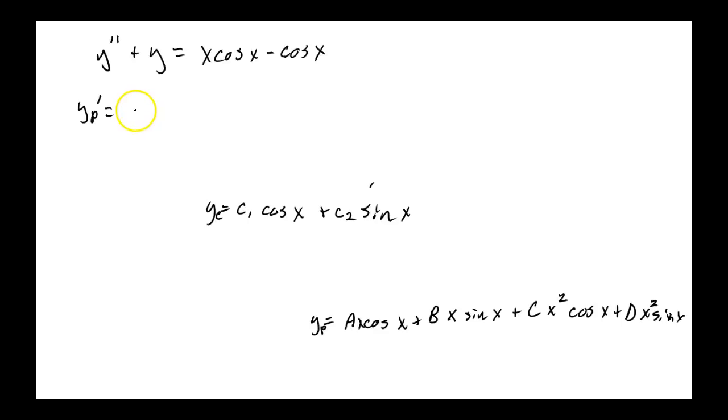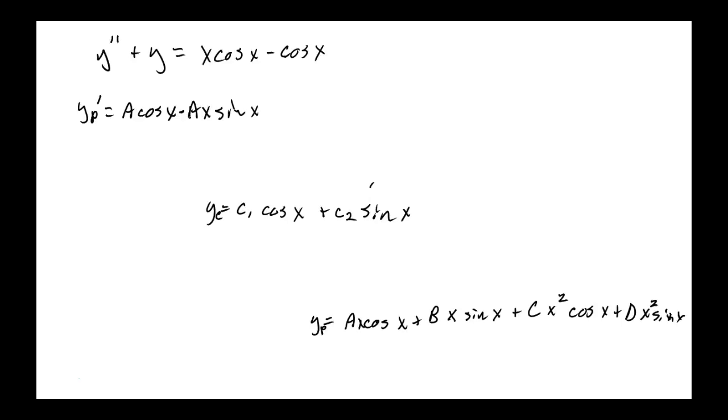So we could call that A cosine x, product rule, plus, it's going to be a minus a x sine x, because derivative of cosine is minus sine.